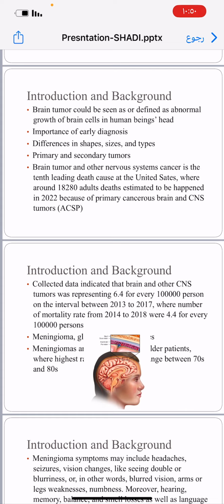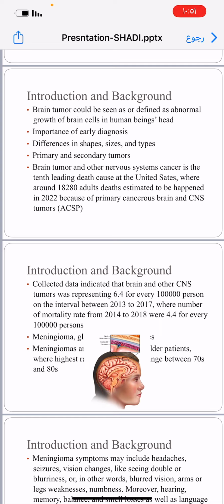Since we have primary and secondary tumors, and their shapes and sizes are different, we have to try to diagnose them as early as we can, earlier than manual detection happens, so we can do treatment well.